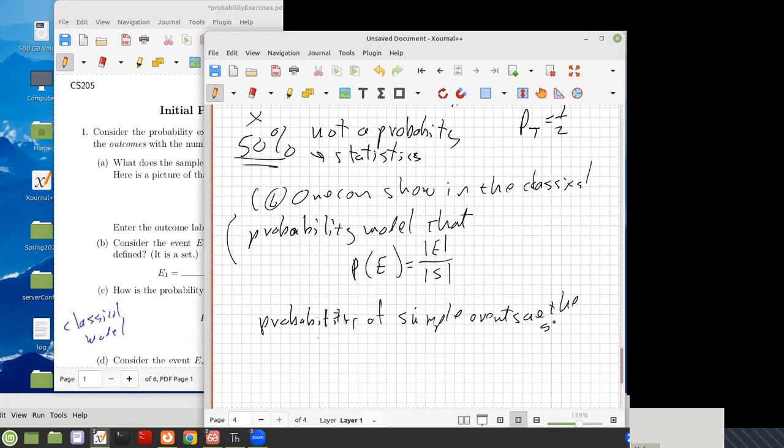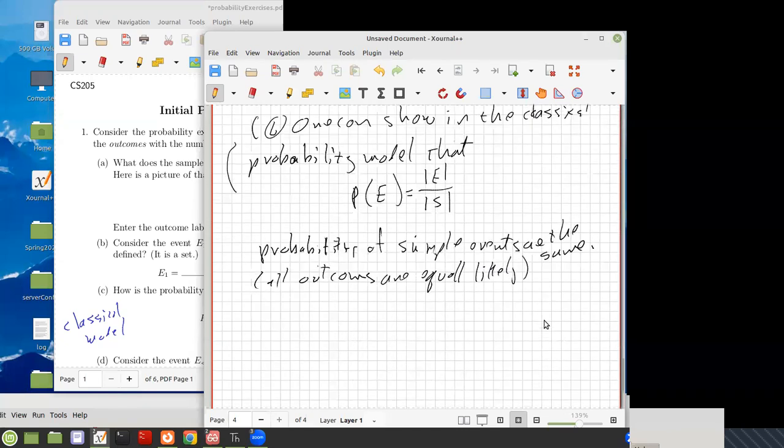That is, all outcomes are equally likely. All individual outcomes correspond to the simple events. All outcomes are equally likely. So it's a special case.